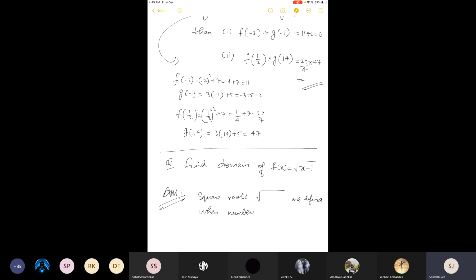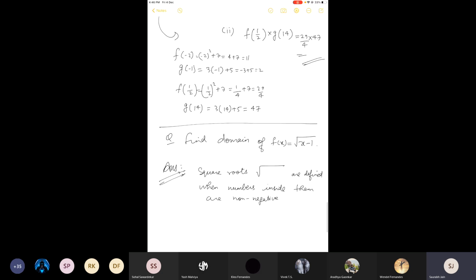Now here the expression inside the root is x minus 1. That is why it should be non-negative. Non-negative means it should be greater than or equal to 0. We cannot write those values here where x minus 1 becomes negative because the square root of a negative number is not defined.